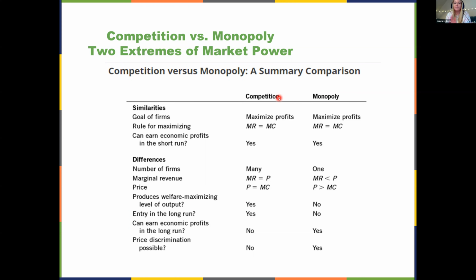It's pretty rare to have a perfectly competitive market structure, and it's also pretty rare to have only one firm making all of a good or a service. Most of the time we have maybe 2 or 3 firms making something, or we don't have every single firm selling exactly the same thing in terms of purely perfect competition.